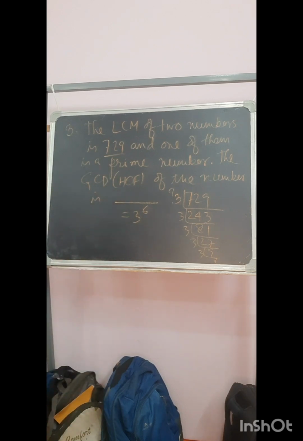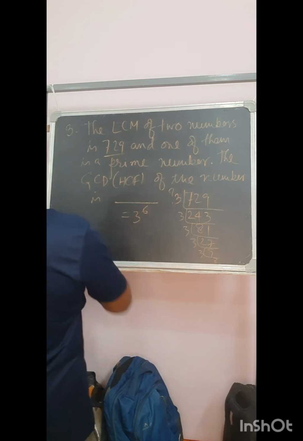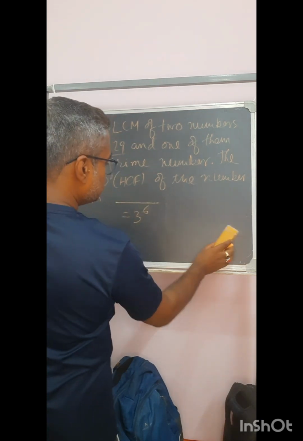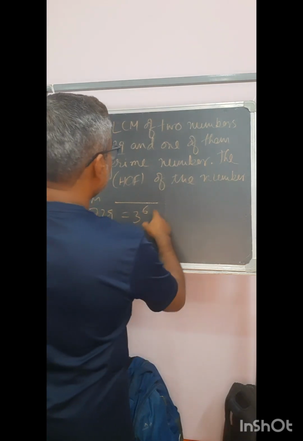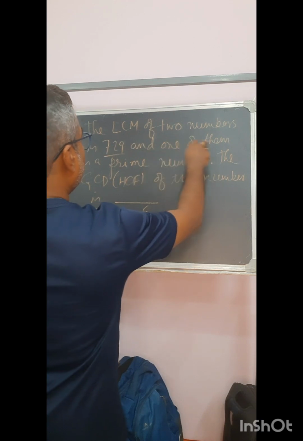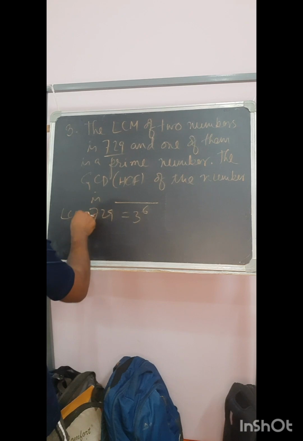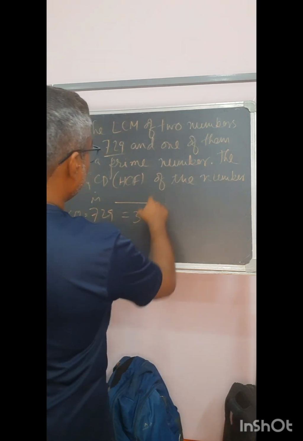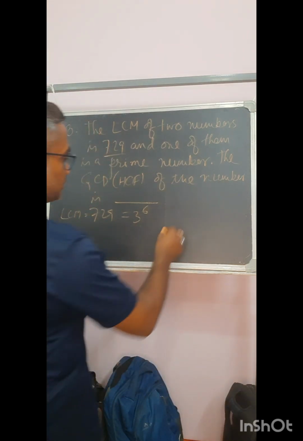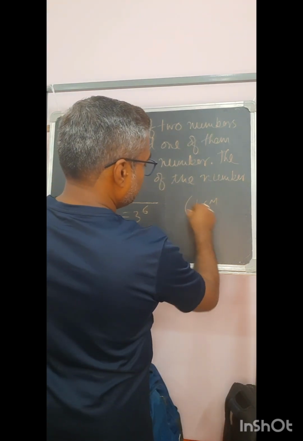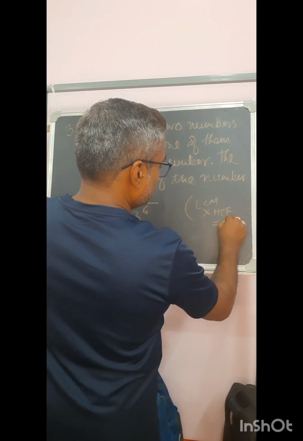So the first step is over. You can understand that 729 is nothing but 3 to the power 6. Now, one of them is a prime number. So if I have this LCM, and one of the numbers is a prime number, then what is the other number? One thing I know, as I said in the earlier question, is that LCM into HCF is equal to the product of the two numbers.